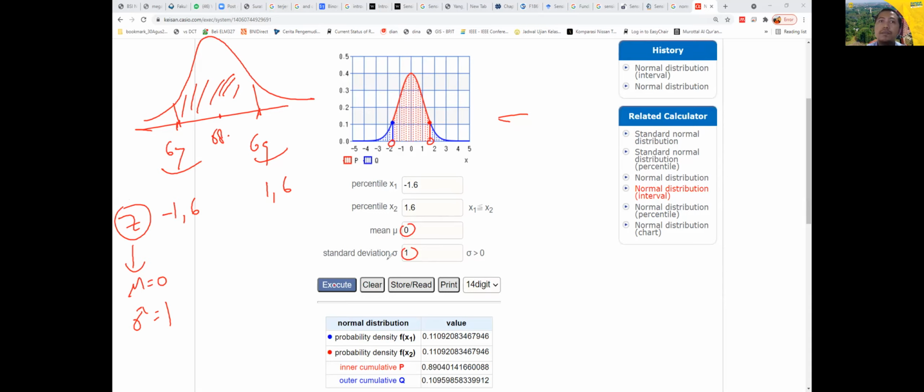The inner cumulative is equal to 0.89. So the beta is 0.89. It means that it's around 89%. It's so big.